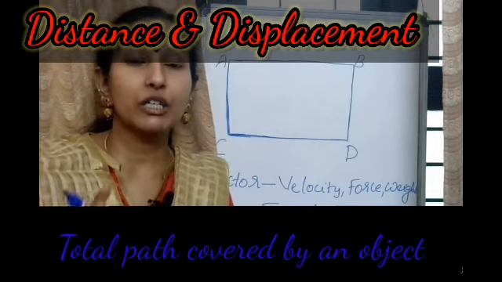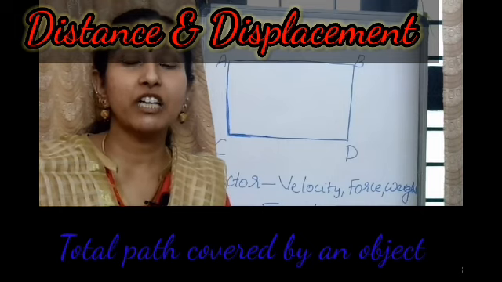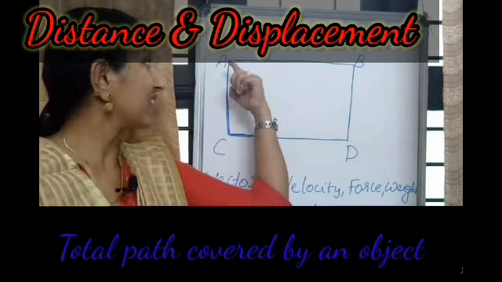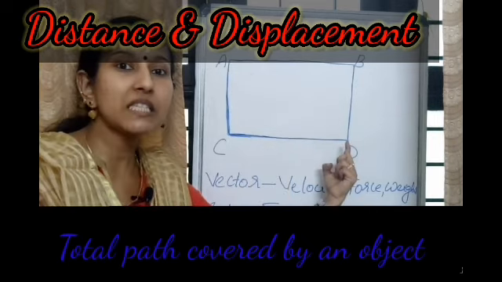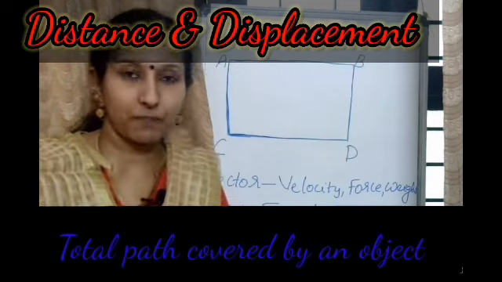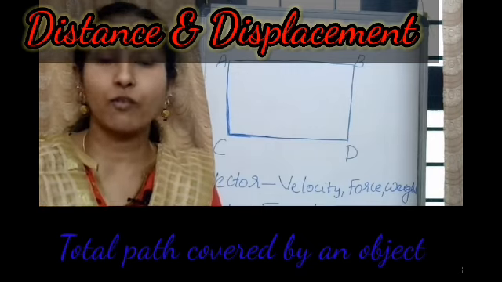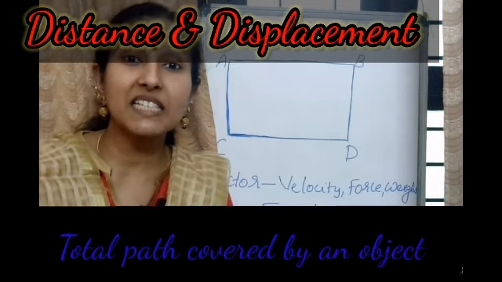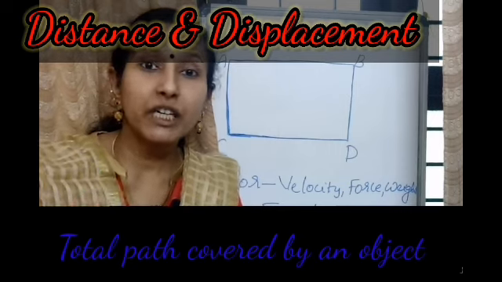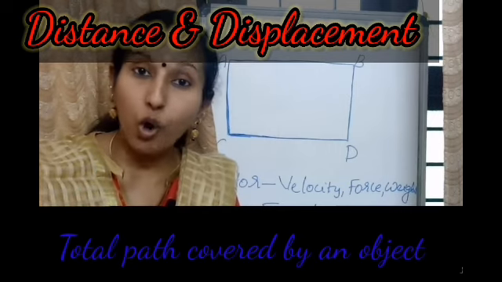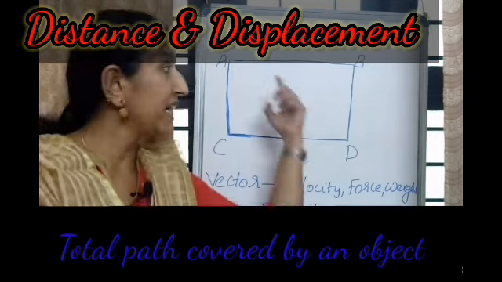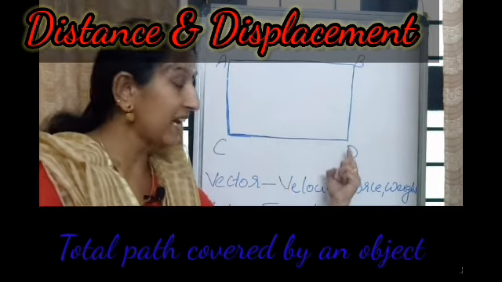And if you cover this direct way A to D, this is the shortcut, right? That shortcut is the displacement.